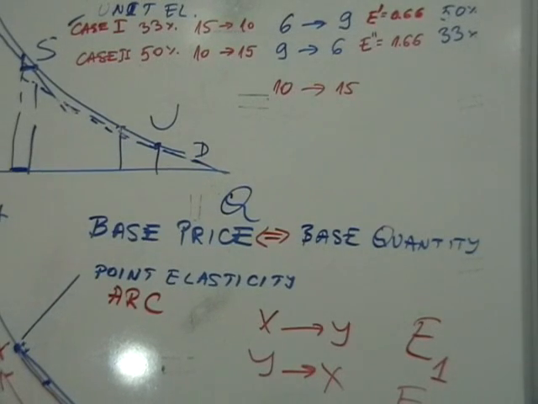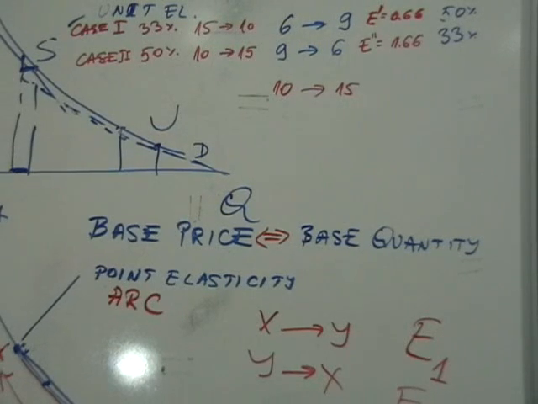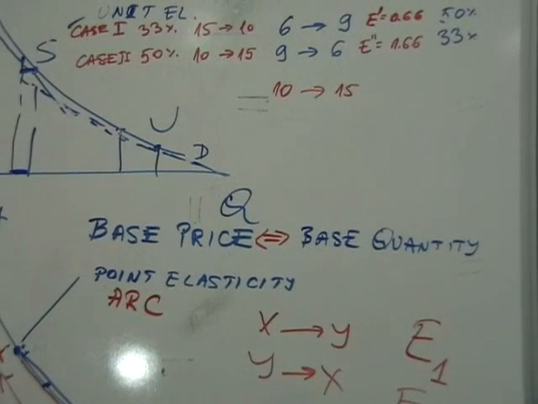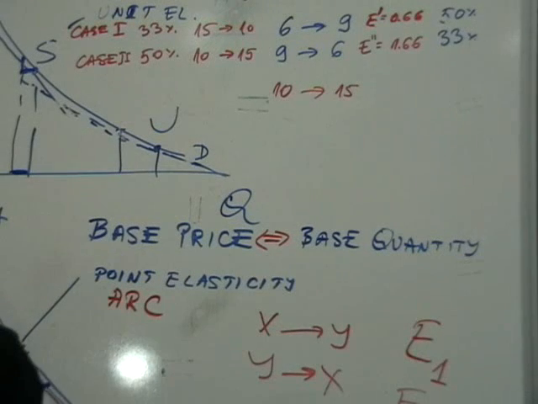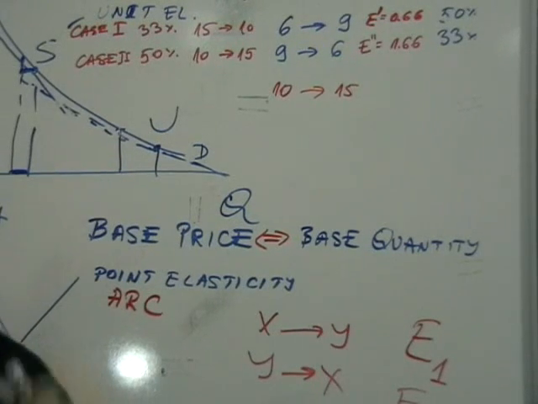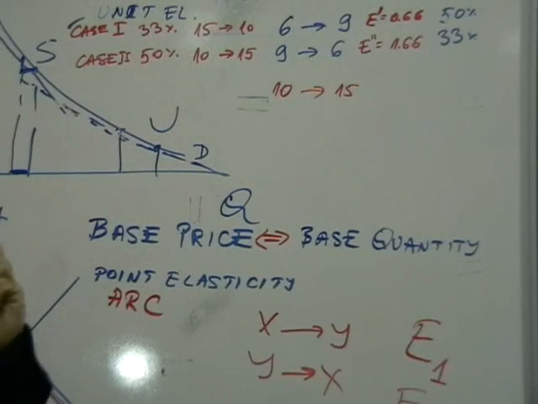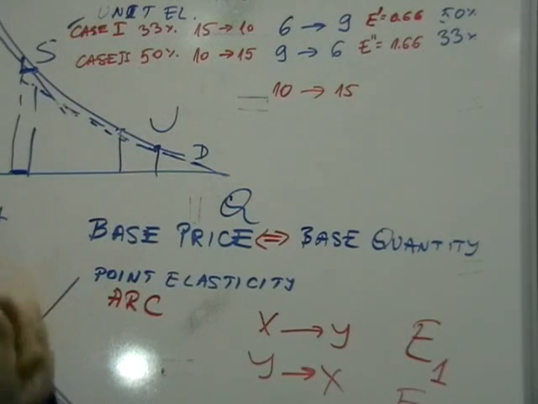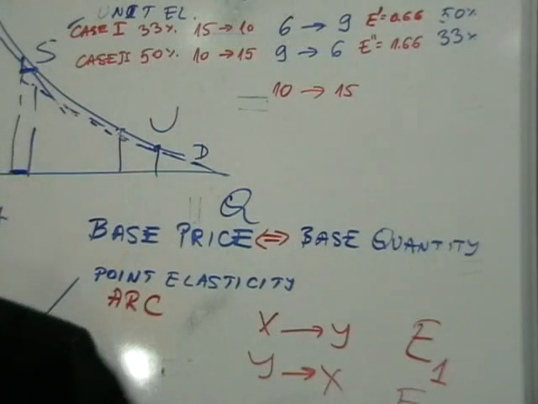This one has been covered. There's curvilinear demand, which I just want to skip. So, in the real world, we typically prefer to use point elasticity when the change is small.